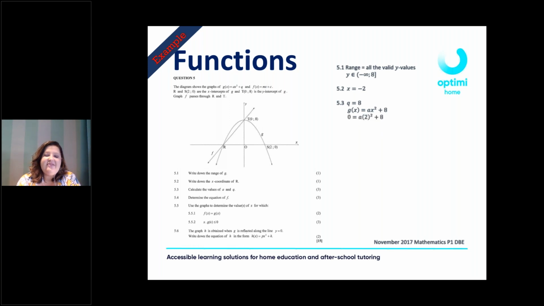Okay, but on my parabola I have another point, which is S, and I have an x value and a y value there. You can substitute in your y value as 0 and x value as 2.